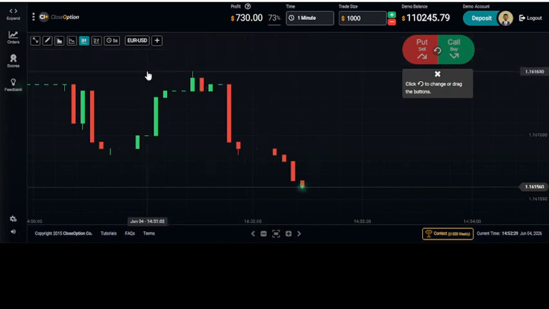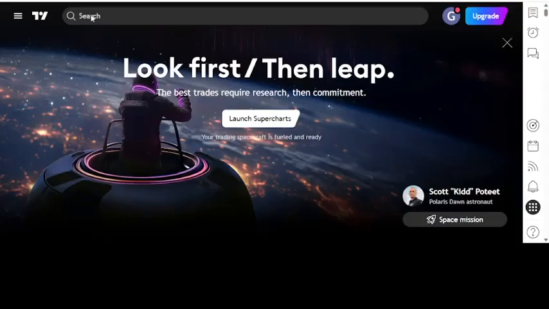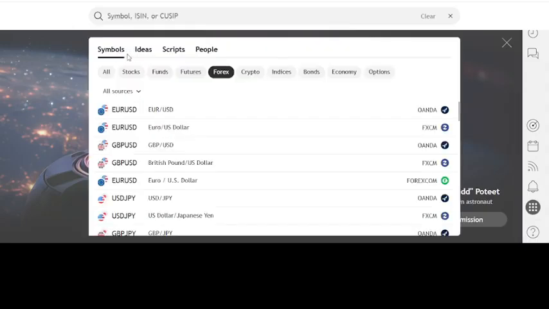All right, so now where I'm going to get my signals from is from TradingView. So if we go to TradingView here, what I would do is go to the search bar. You go to tradingview.com and go to the search bar and you look up Euro USD. It's already here.